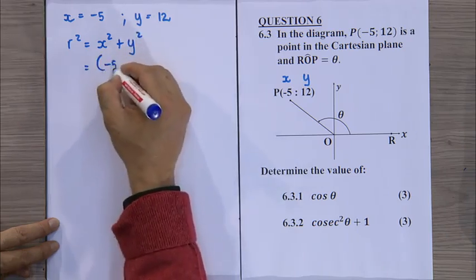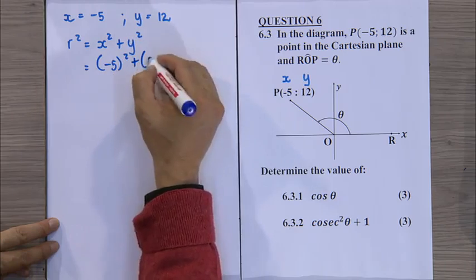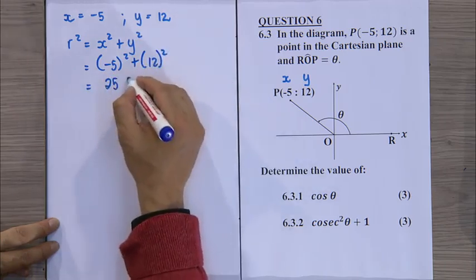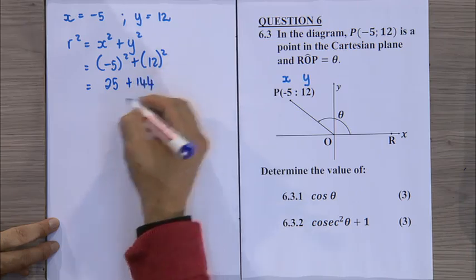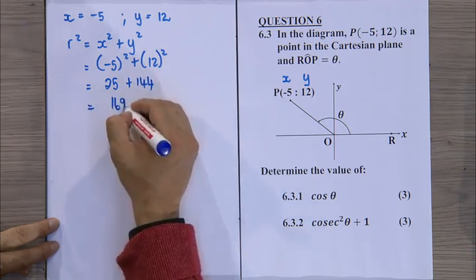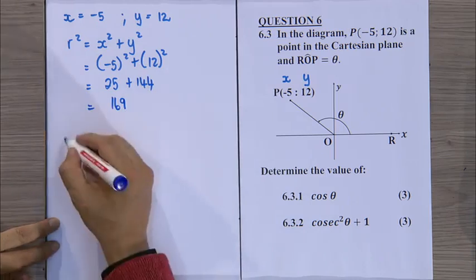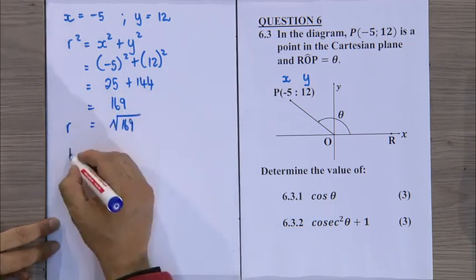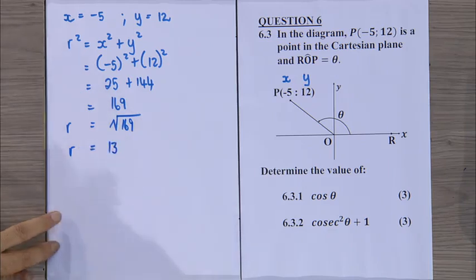X is minus 5 squared. Y is 12 squared. Right? You agree with me? That's 25. That's 144. That's 169 if we add them. So r is therefore the square root of 169. R is then 13.